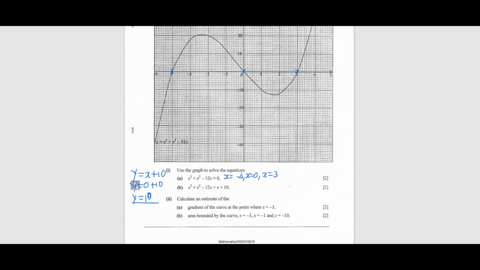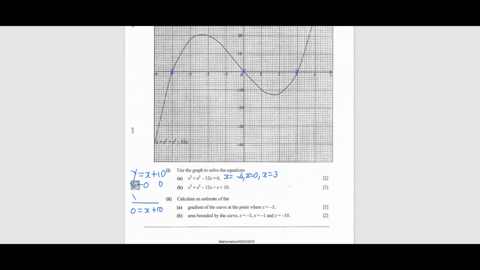Now let's solve for x. If we put 0 on the y, this will give us 0 is equal to x plus 10. This time we are going to get negative 10, and we don't have negative 10 on the x-axis.